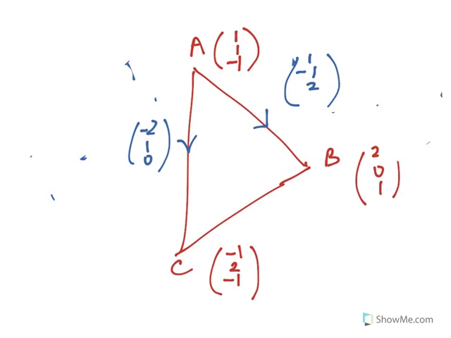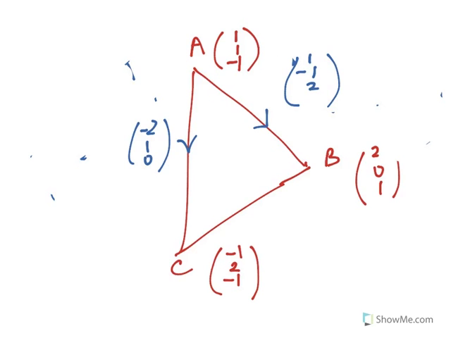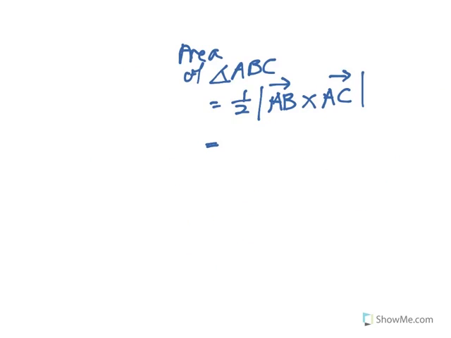Next, I'm going to find the area of the triangle. For triangle ABC, the area of the triangle ABC is, based on the formula, half of the modulus of AB cross AC. AB is (1, -1, 2) and AC is (-2, 1, 0).